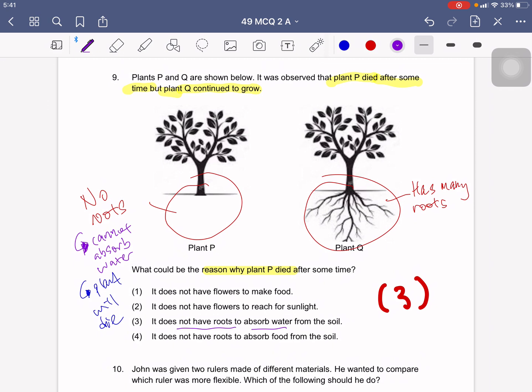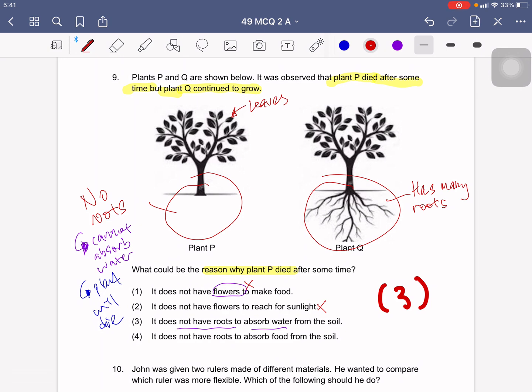Now what about number 1? It does not have flowers to make food. Now flowers is not used to make food. Alright, but even then they still have leaves here. Okay, it's actually the leaves that will make food, and the plants still have leaves. Okay, still can make food if the leaves have water and sunlight. Number 2, it does not have flowers to reach for sunlight. This is not making sense as well.